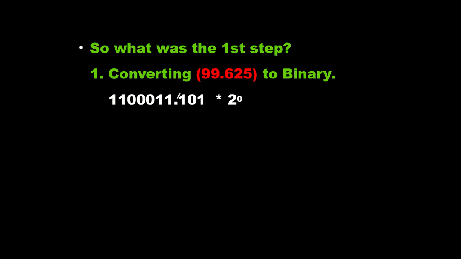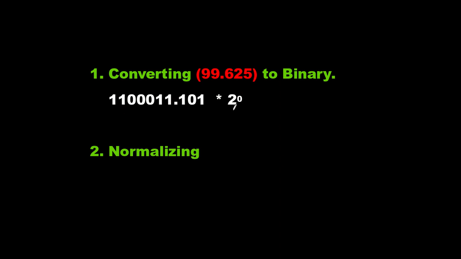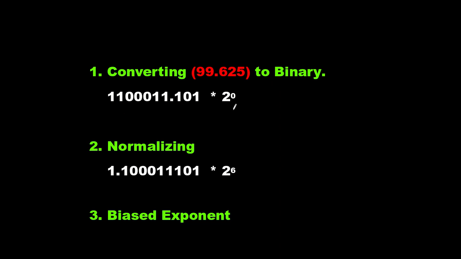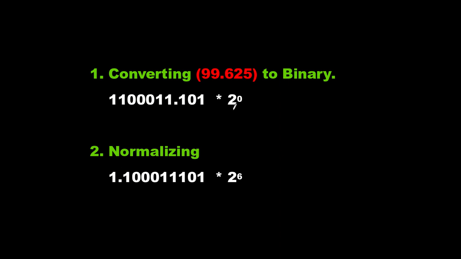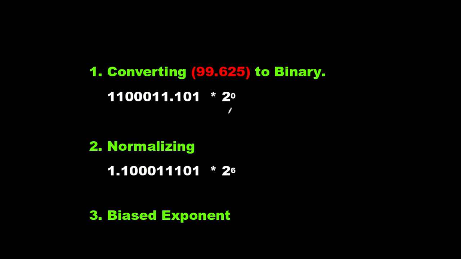We move this decimal point to here, so I'll have my standard format, 1.1 and all those numbers to the power 6. That's normalization. I have one standard. Now was that enough? No, I said we have 3 steps. The third step was what?